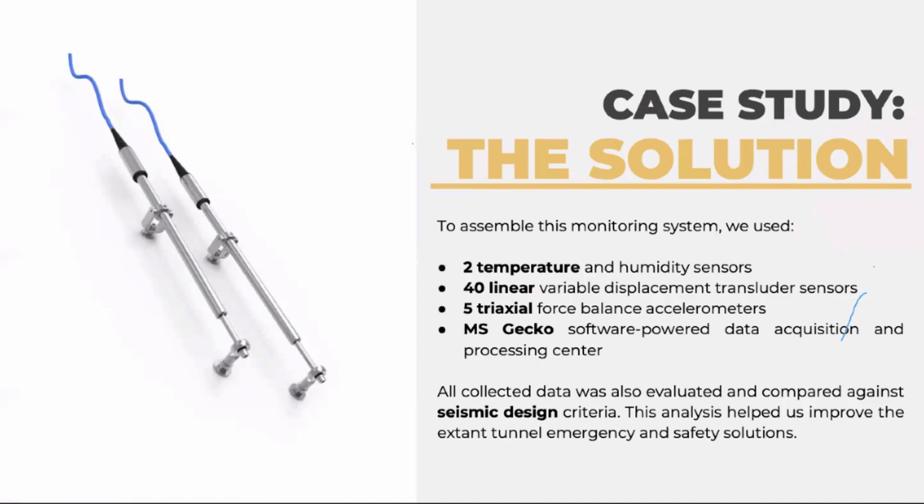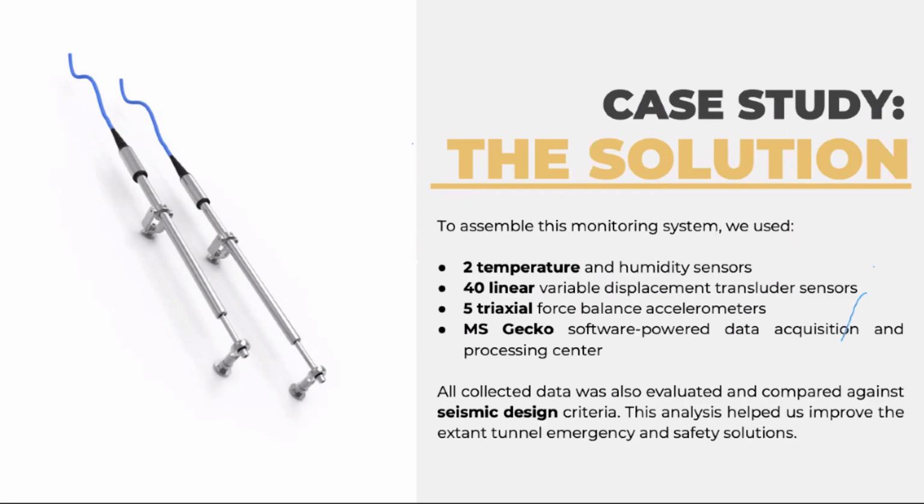The tunnel experienced a lot of temperature variations across the whole year, and that's why temperature and strain monitoring was one of the key aspects of this project. So we did install a lot of point-based FBG sensors across the tunnel.